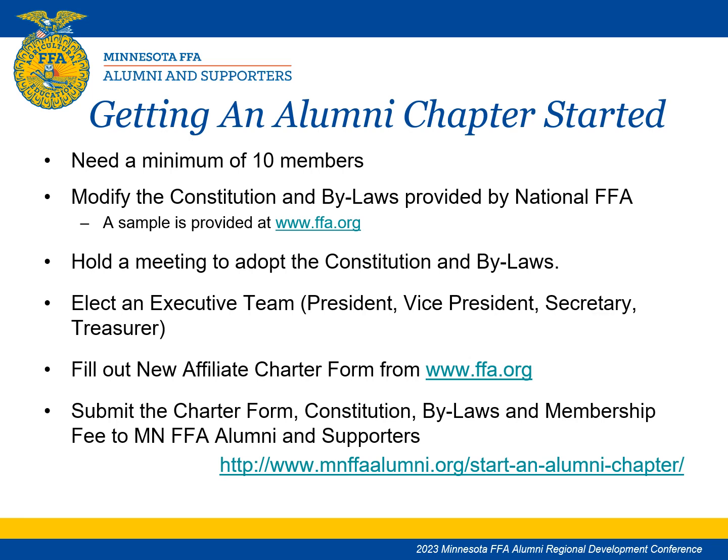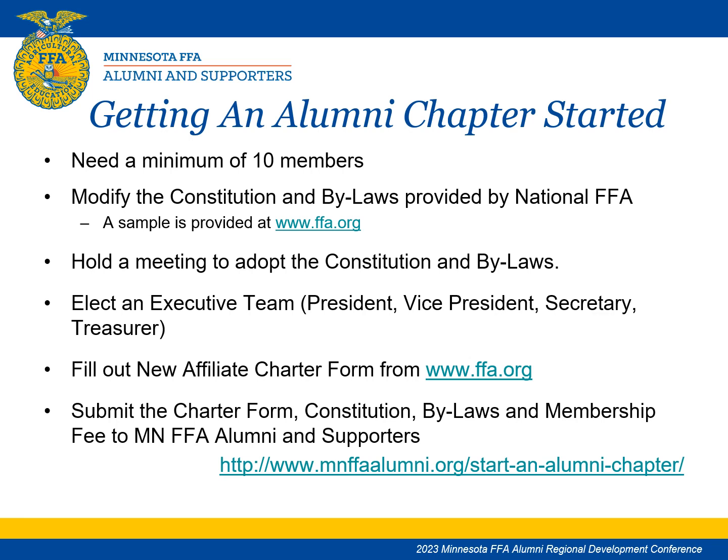On this slide, you'll see some bullet points. These bullets are what you need to start getting your alumni chapter established. First, you need a minimum of 10 members. Not to say you can't get a whole bunch more, but we do need those 10 members to move forward. You will have to modify and adopt a constitution and bylaws.